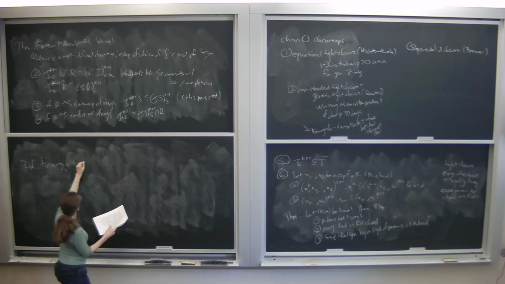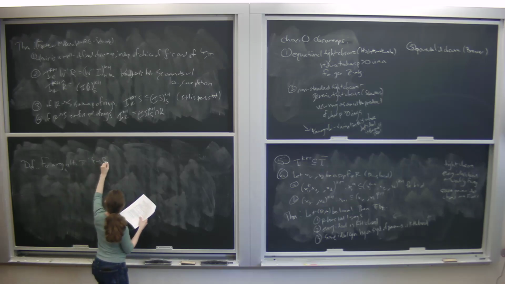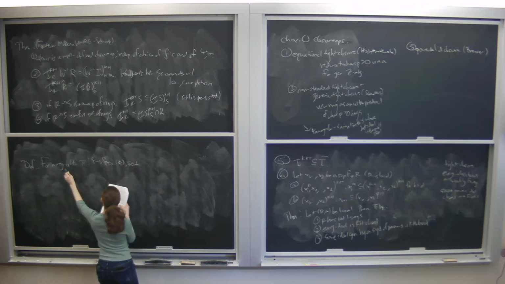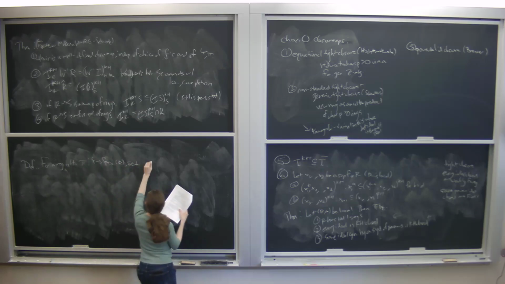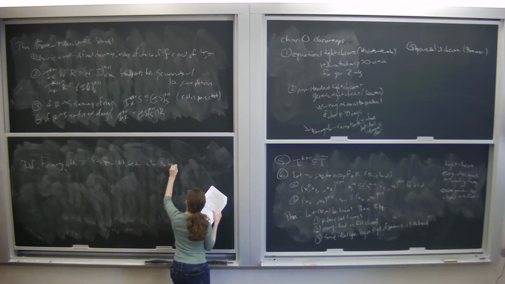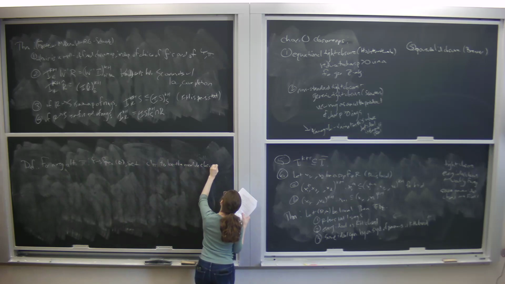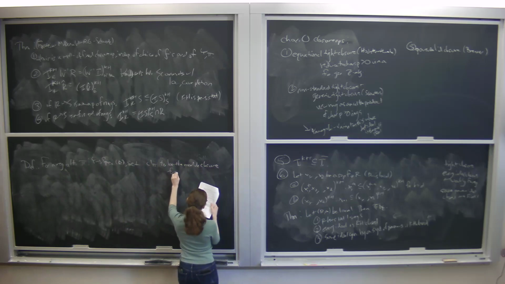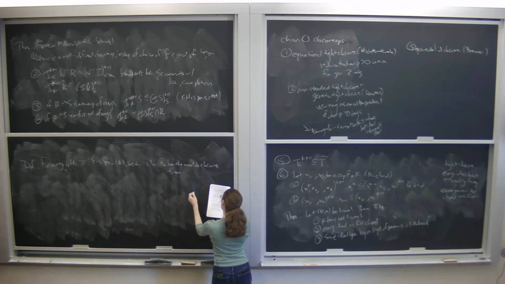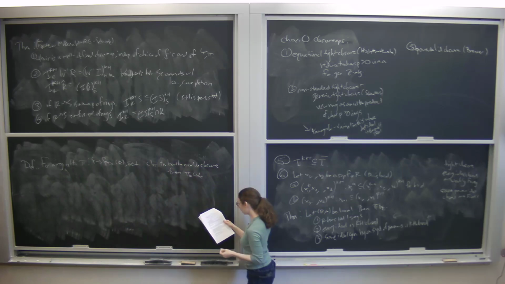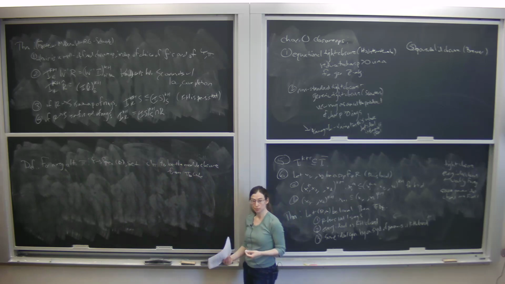So if we have a regular alteration pi from Y to Spec R, we'll set first CL pi to be the module closure that comes from pi star of omega Y, which we can view as an R-module.